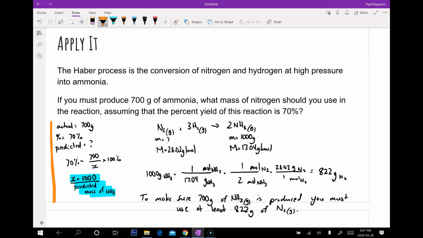Once you have the predicted mass, the stoich is pretty straightforward, and you can see that over here, which leads us to get 822 grams of nitrogen needed to produce that 700 grams of ammonia, even though theoretically, our predicted value was actually 1,000 grams of ammonia.